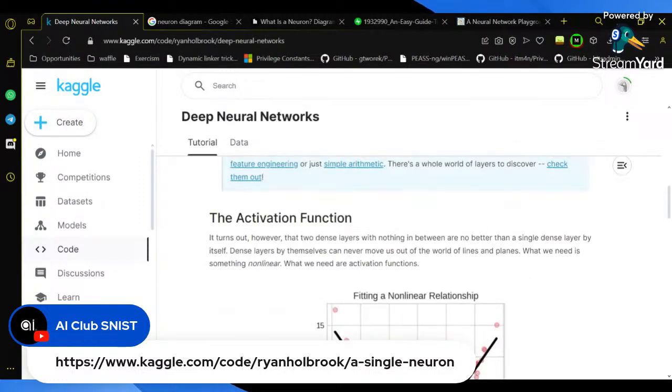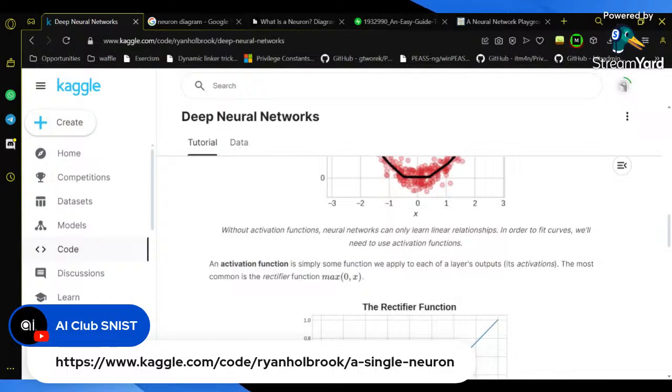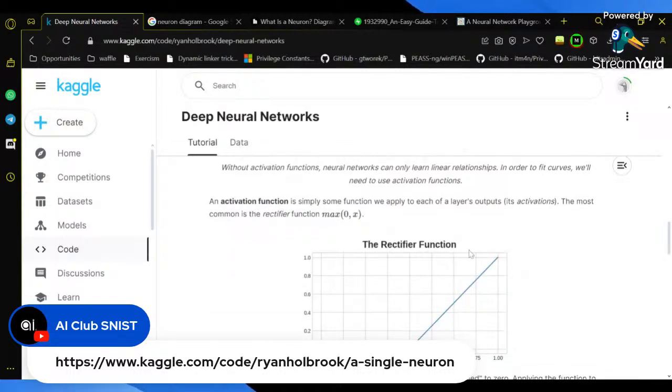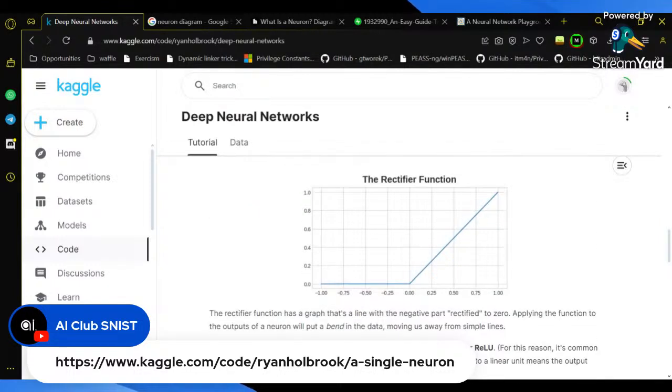There are a few types of activation functions. The rectifier function: if the output at a neuron node is less than 0, it considers it to be 0, and if it's higher than 0, it takes that value.